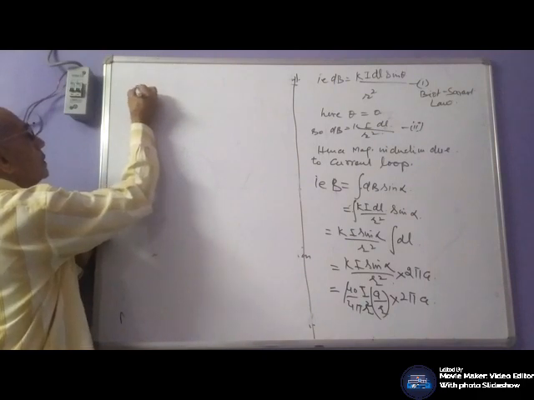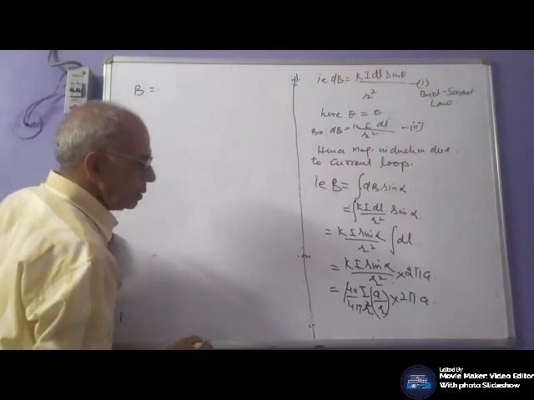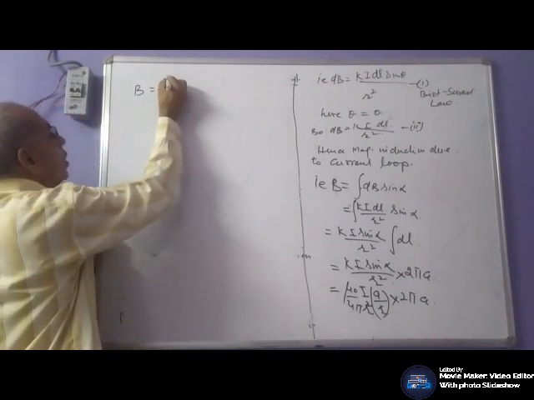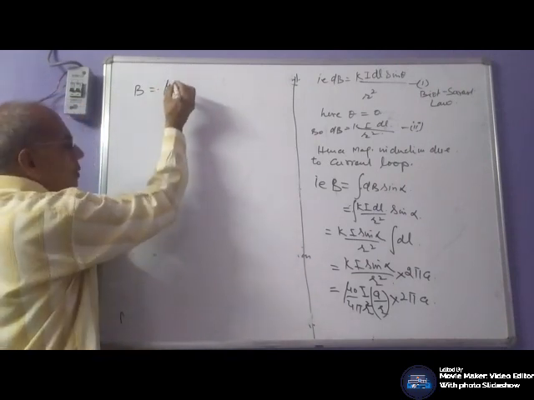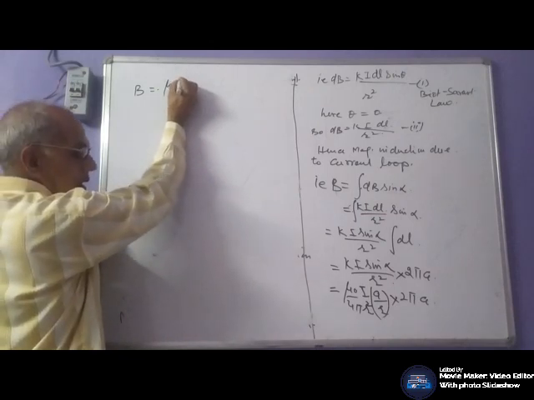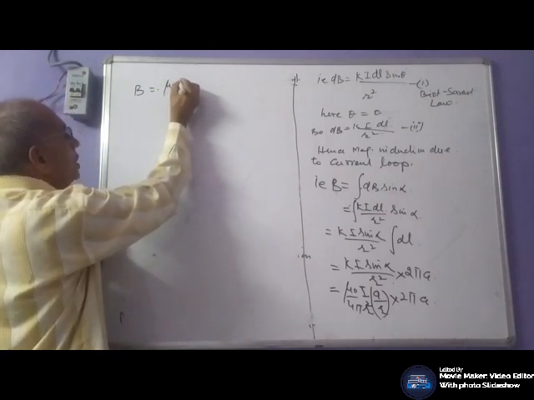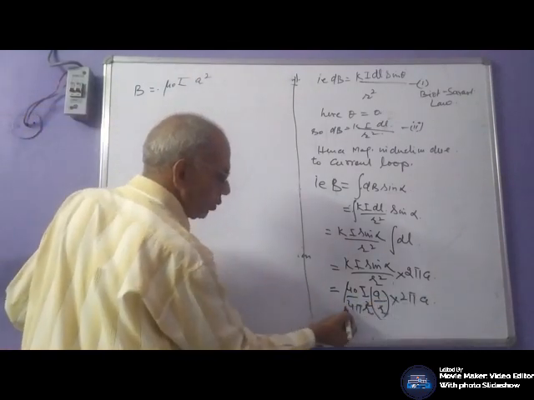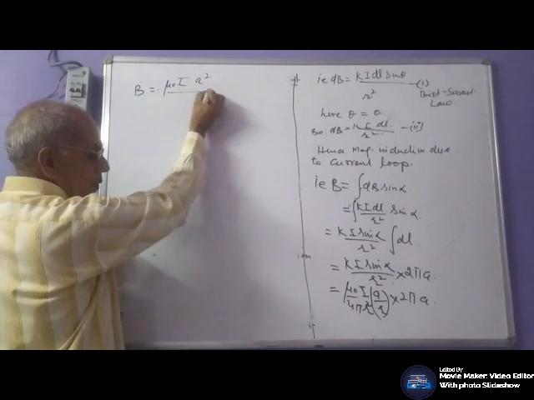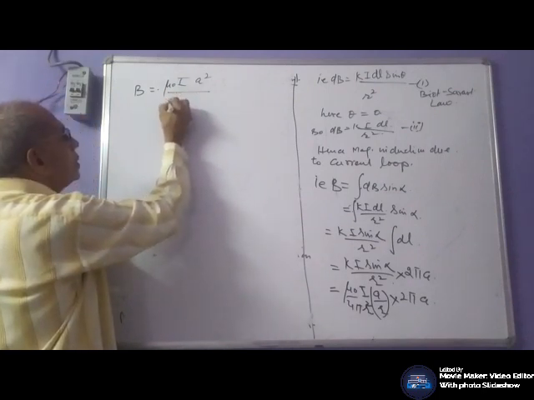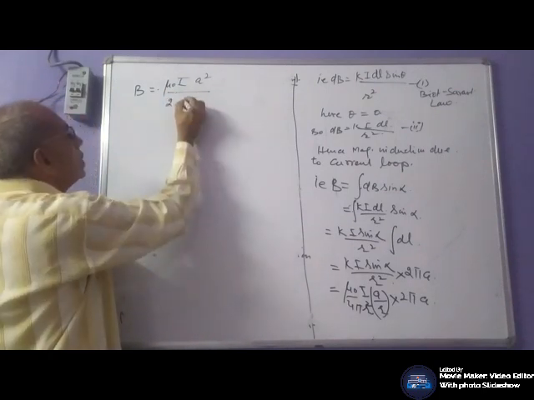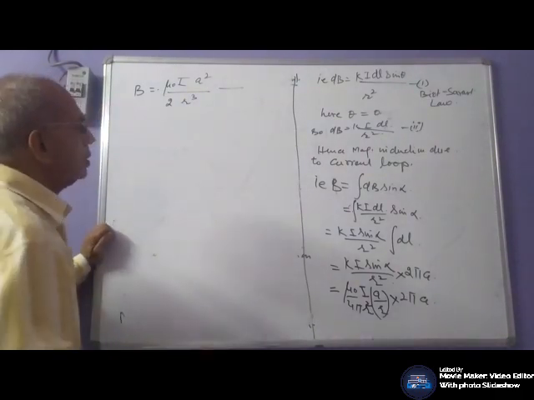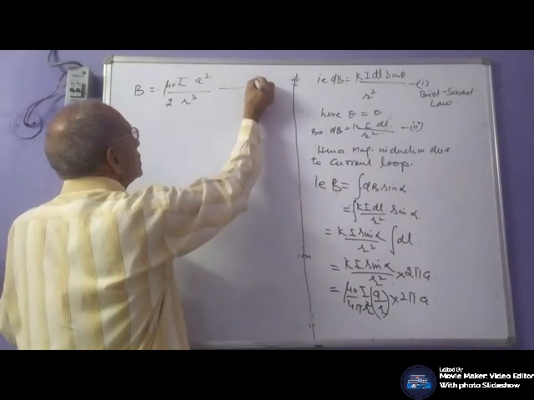So B is mu naught I a square, and this 2 pi with 4 pi gives 2, over r cube. This is third.